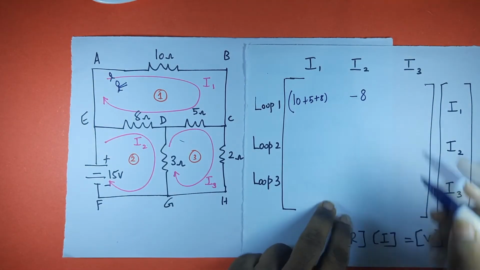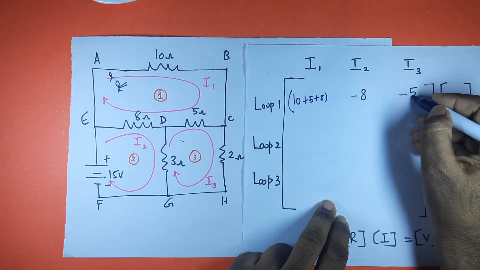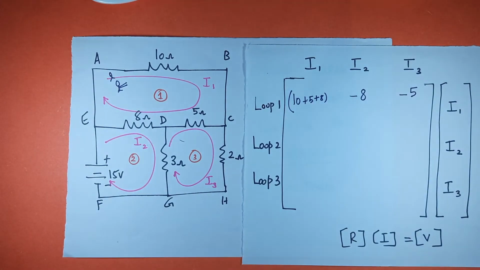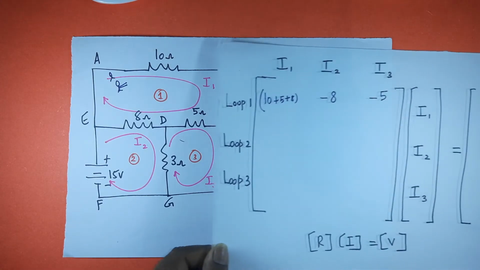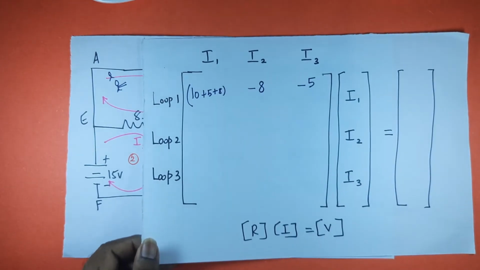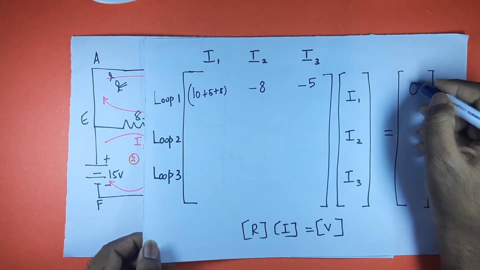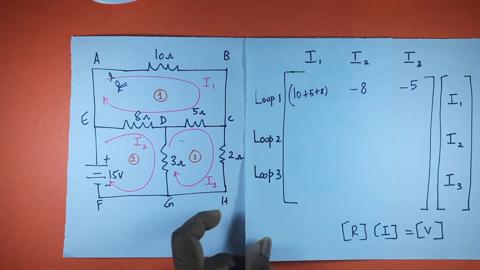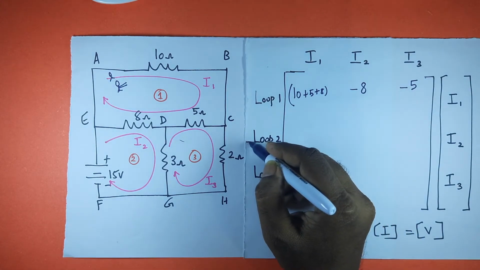So you write minus 5 ohm. Next, is there any voltage source in loop 1? No. So you put 0.